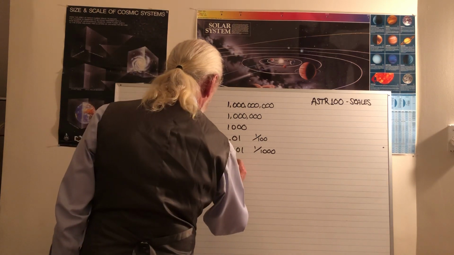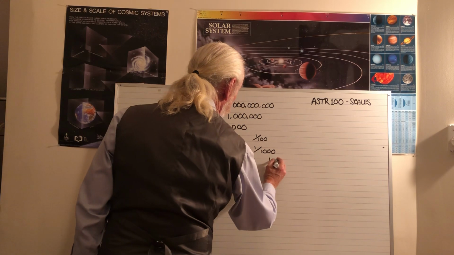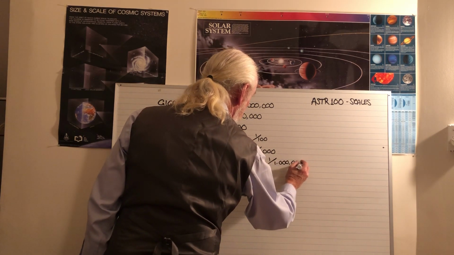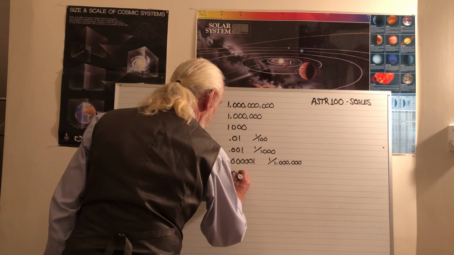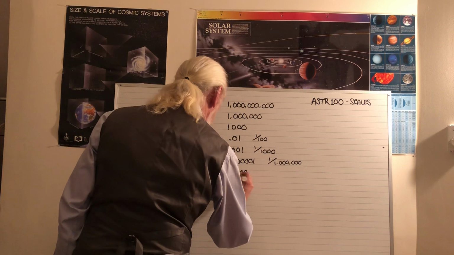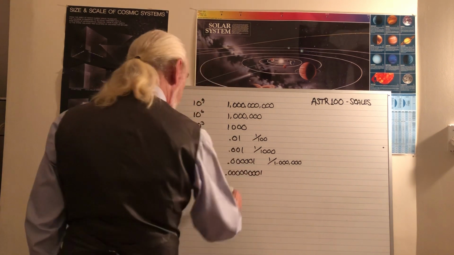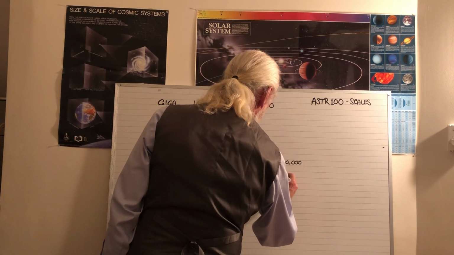Micro, 0.000001 or 1/1,000,000. And nano is 0.000000001 or 1/1,000,000,000.